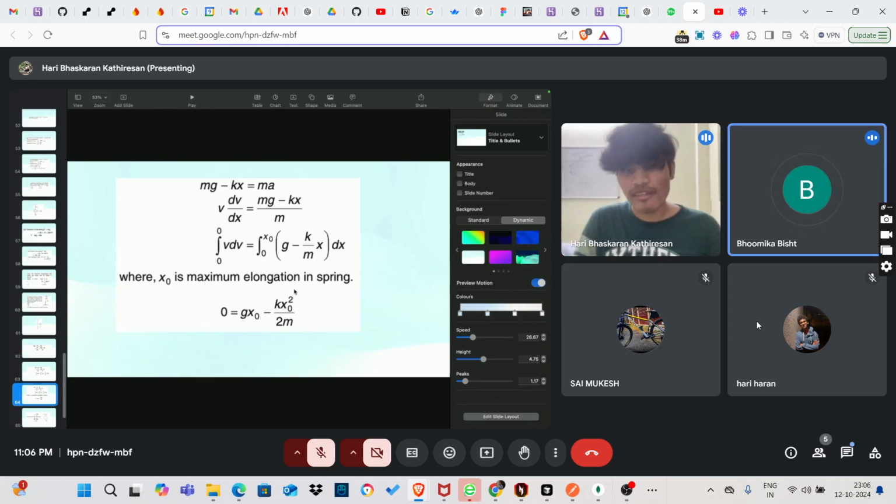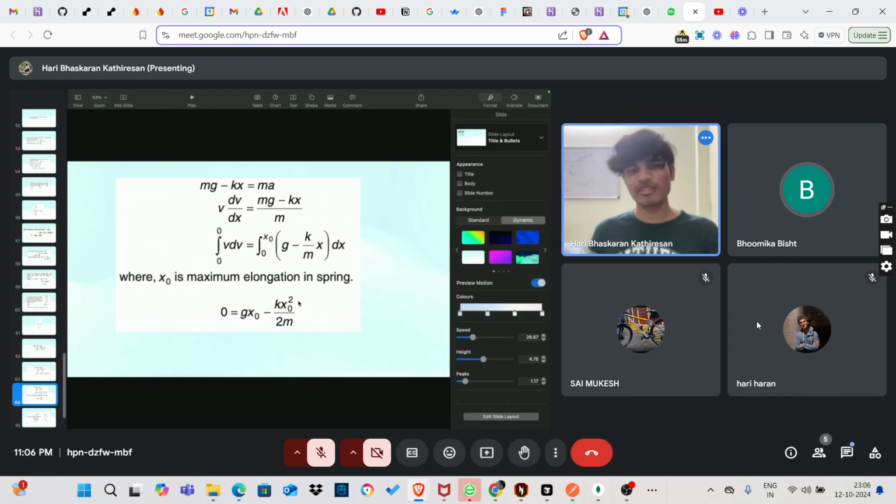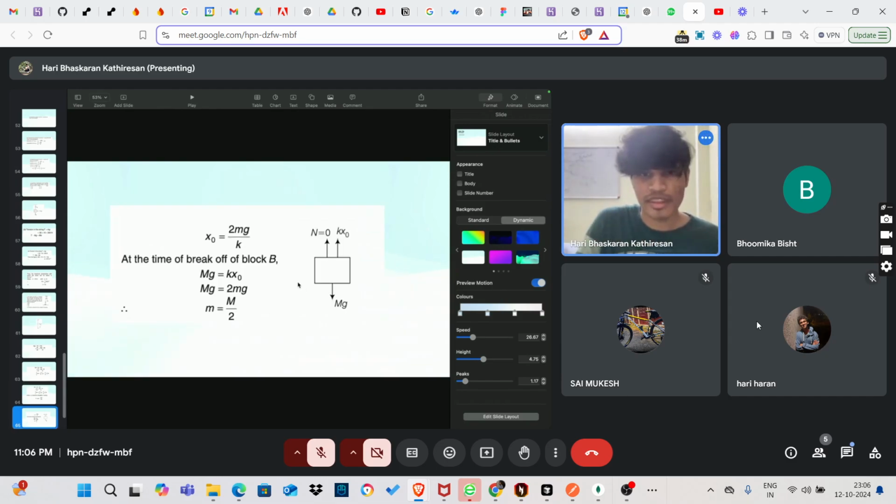Then you get the value of x naught, and you substitute it in the equations which we derived from the beginning.